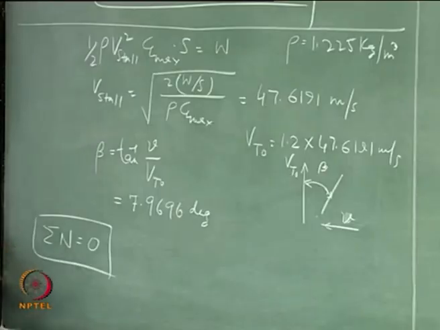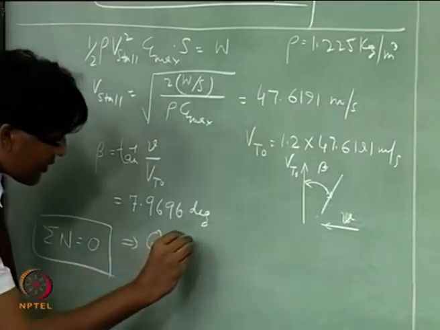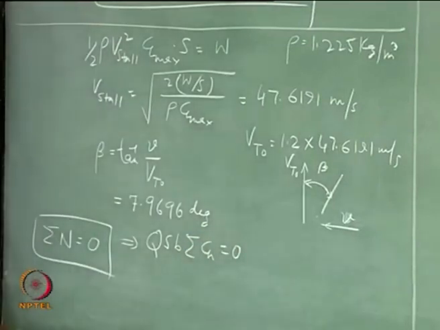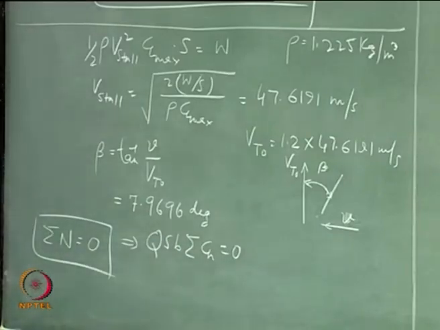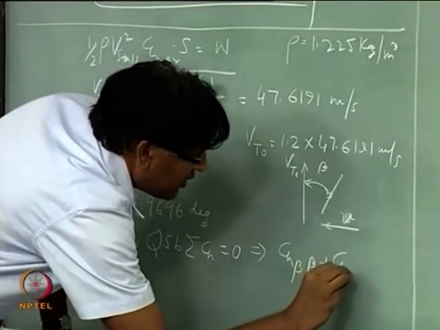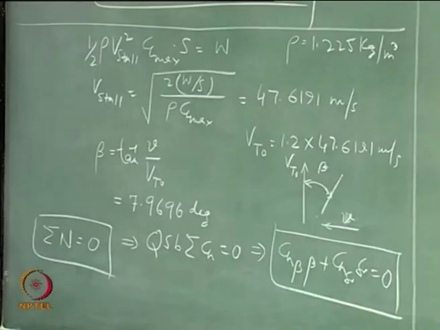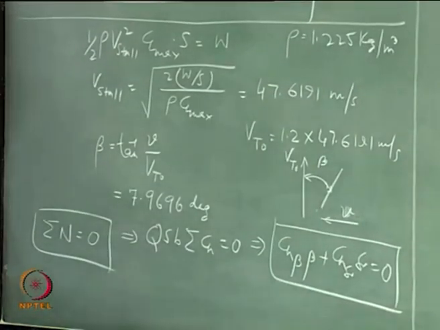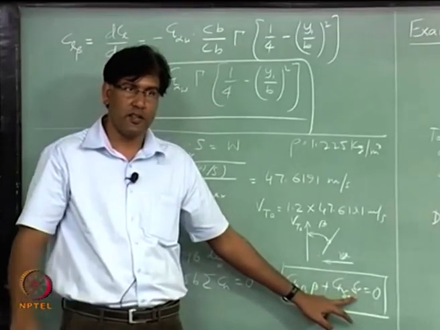What this means? This means C n contribution from different sources gives me the equation. C n beta is given, beta we have found. Delta R is to be found.